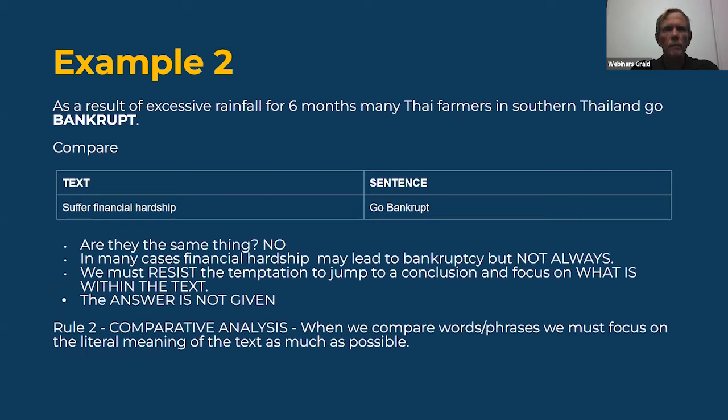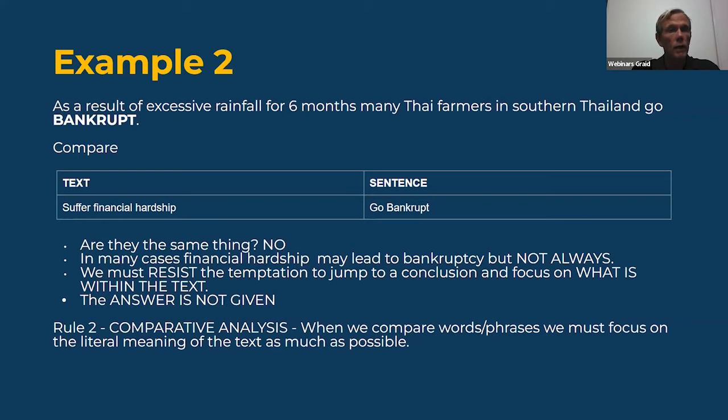Now here in the text, it said that they suffer financial hardship. In our sentence, we have go bankrupt. So now we ask ourselves a few fairly simple questions. Are they the same thing?